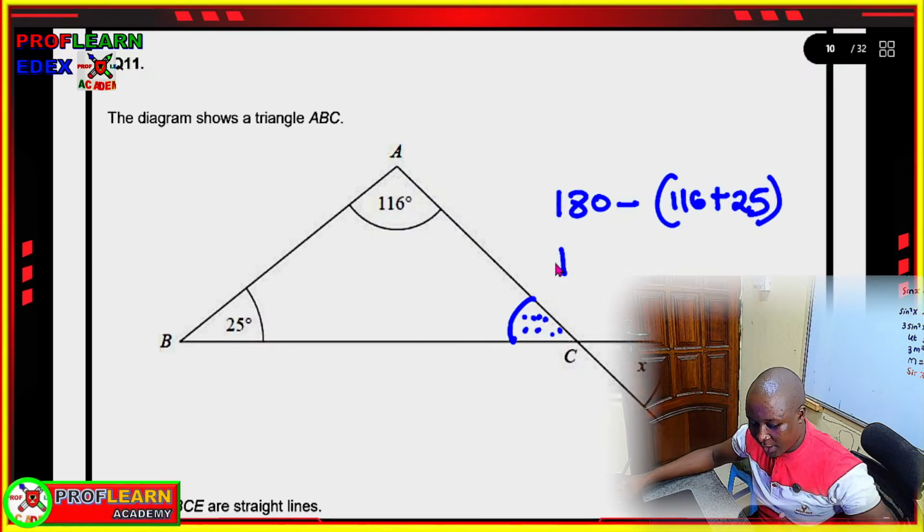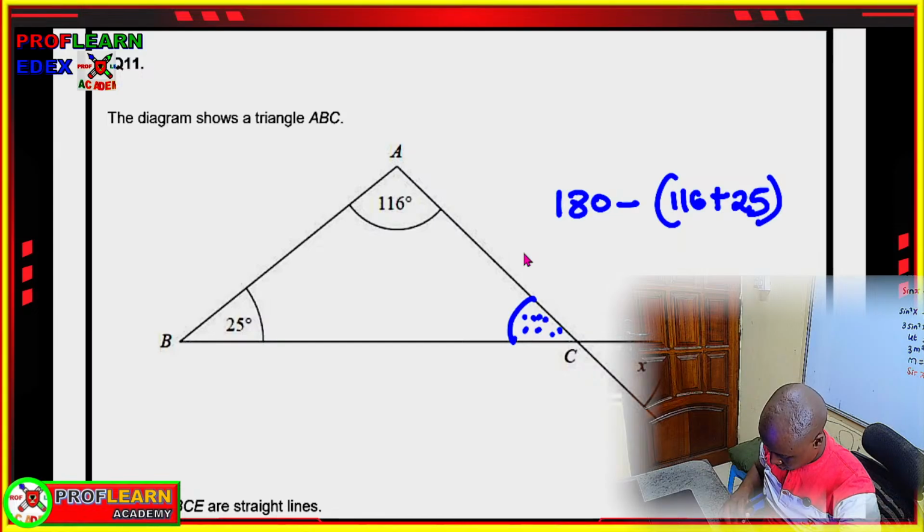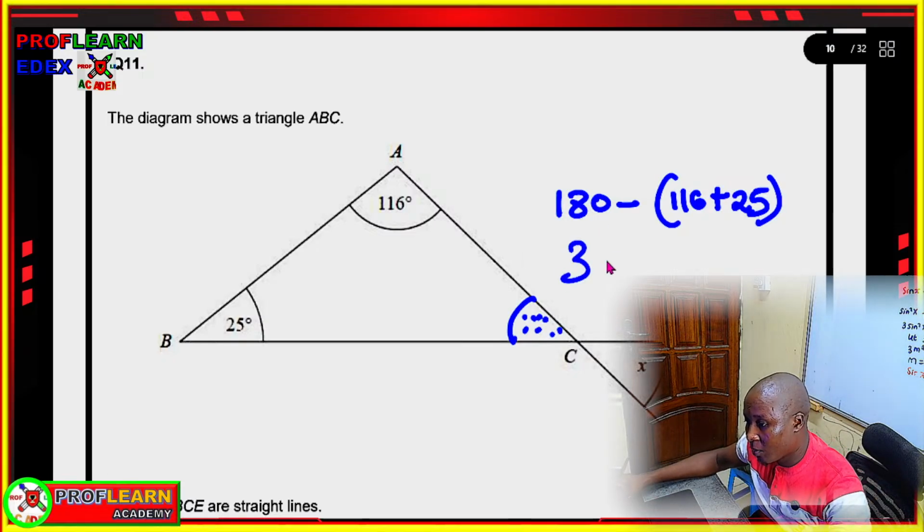Then 180 minus that answer we have gotten, this is going to be 39 degrees.